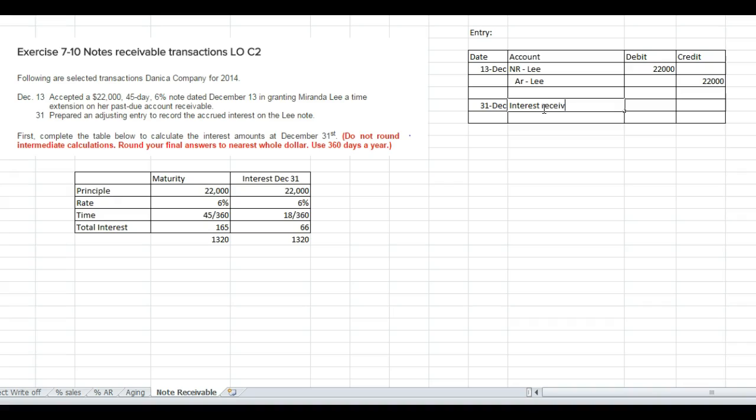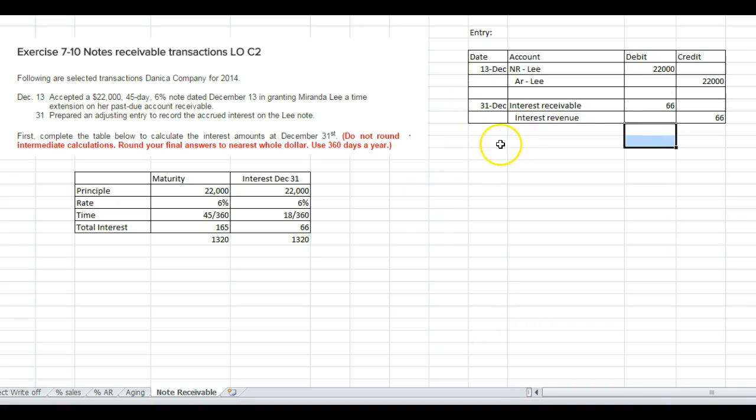She hasn't paid us, but it's an accrued interest. So it's going to be an interest receivable and an interest revenue, because I'm making revenue off of that. And I need to keep track of it. And that's going to be for $66. So that's a credit there and a debit here.